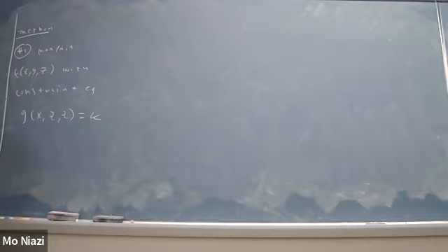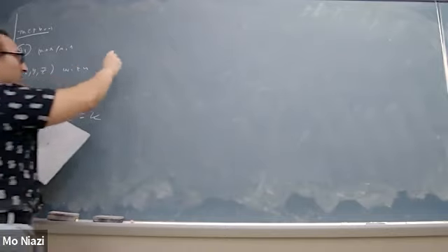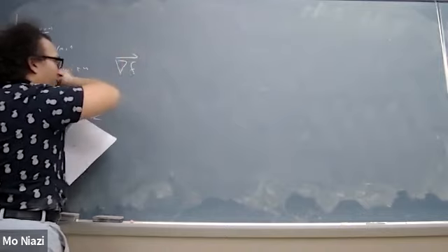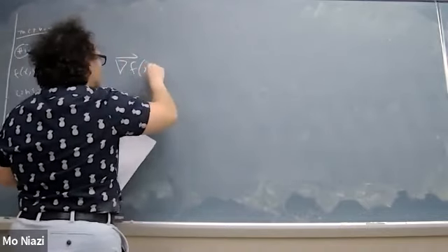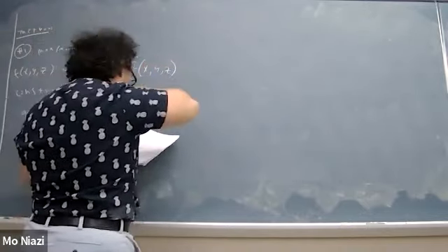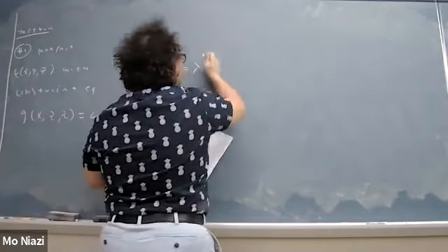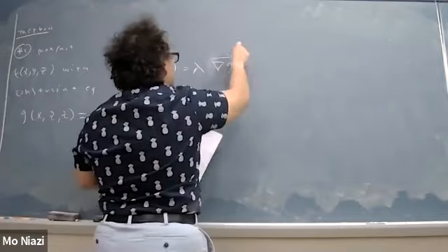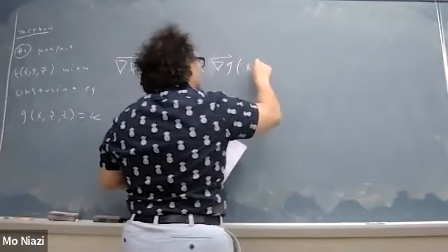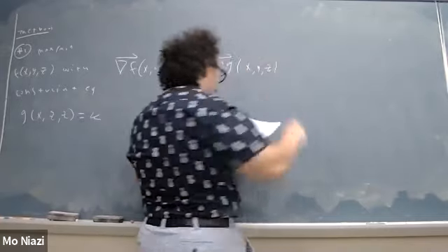All right. What we do is we calculate the gradient of f of x, y, and z, and we find the lambda that will reproduce the gradient of g multiplied times lambda.